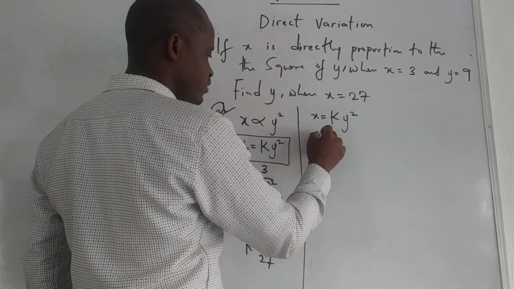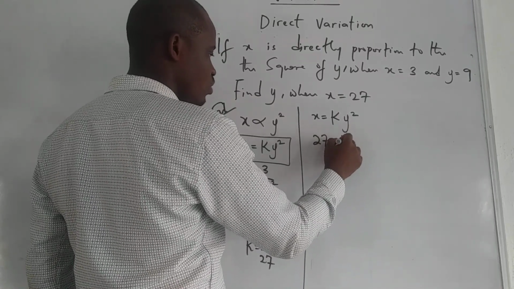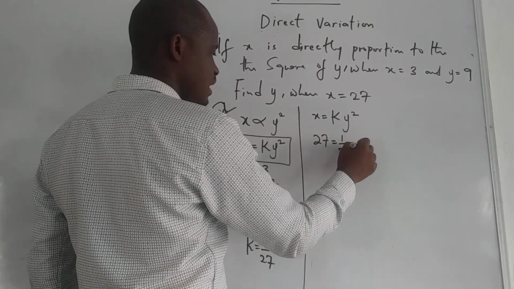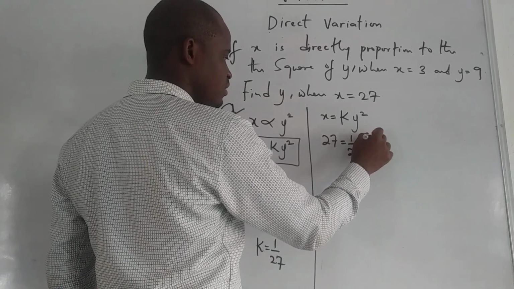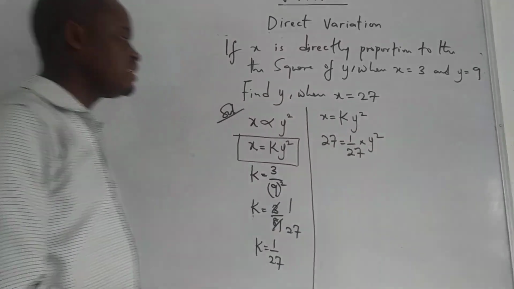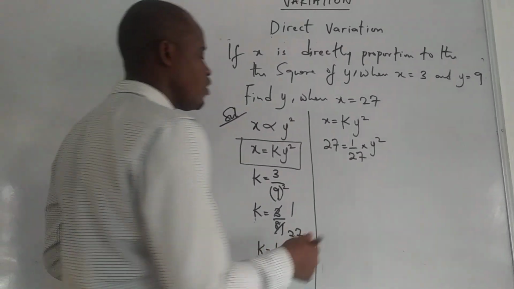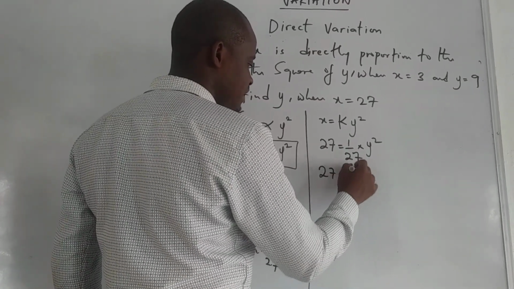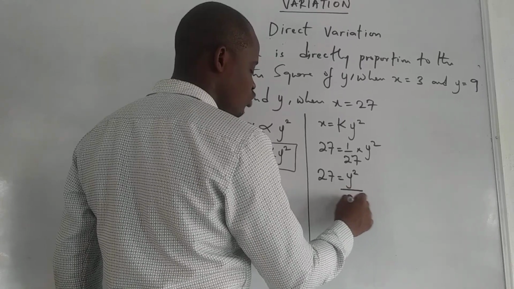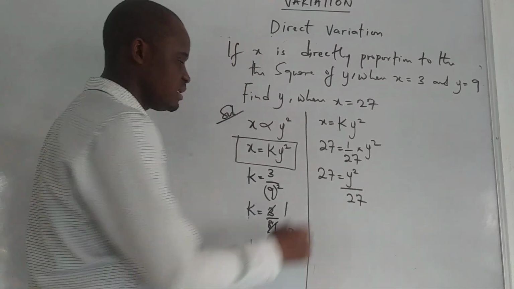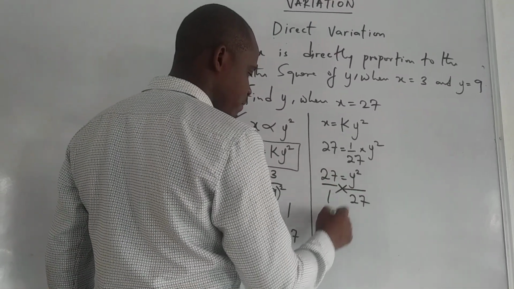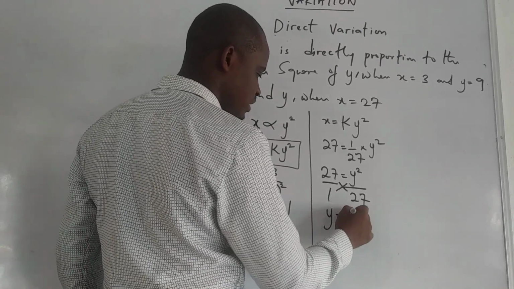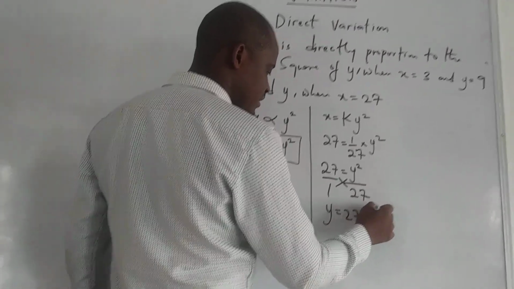X is 27, k is 1 over 27, times y squared. Very, very straightforward. We are looking for y. That will be 27 equals y squared over 27. When you cross multiply, y squared equals 27 by 27.